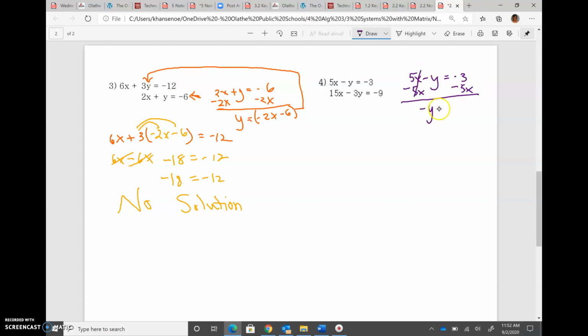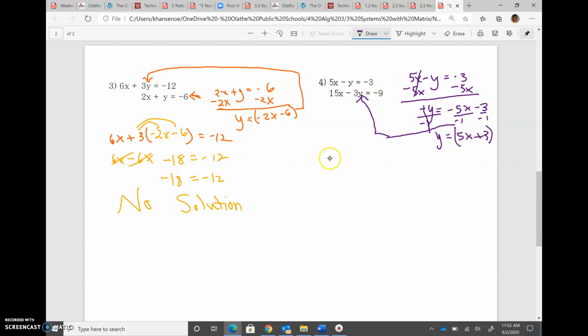I get negative y equals negative 5x minus 3. Divide by negative 1. That cancels. I get y equals 5x plus 3. Now remember, I'm taking this and I'm plugging into y.